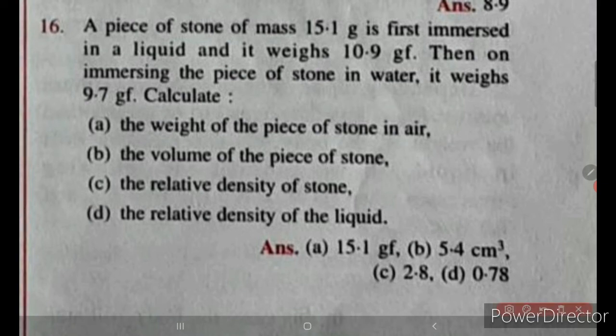Then on immersing the piece of stone in water, it is weighing 9.7 gram force. With the help of these two weights and one mass, we are supposed to find the weight of the piece of stone in air, the volume of the piece of stone, the relative density of stone, and the relative density of the liquid. Okay, let us go to its solution.